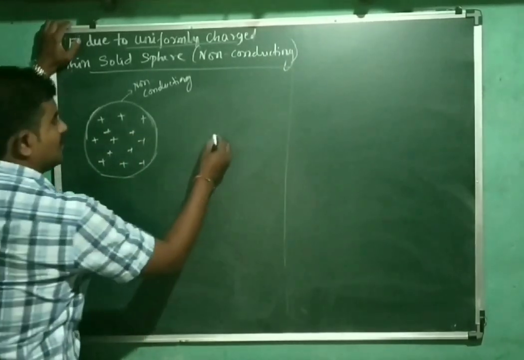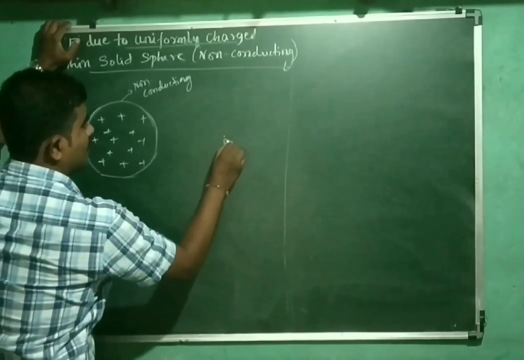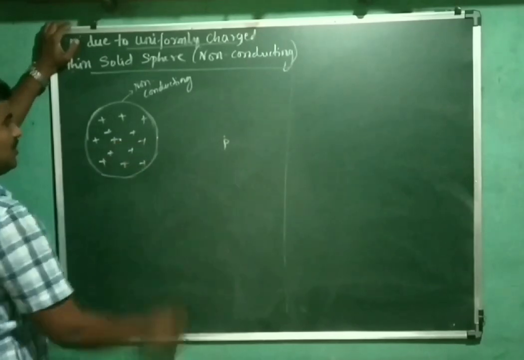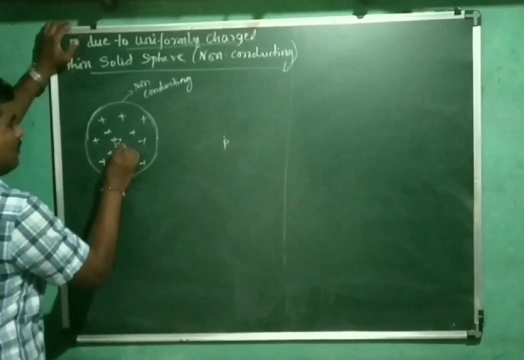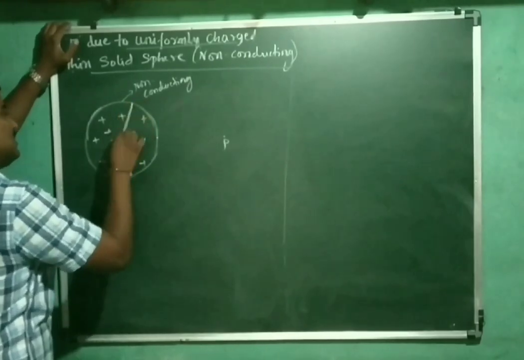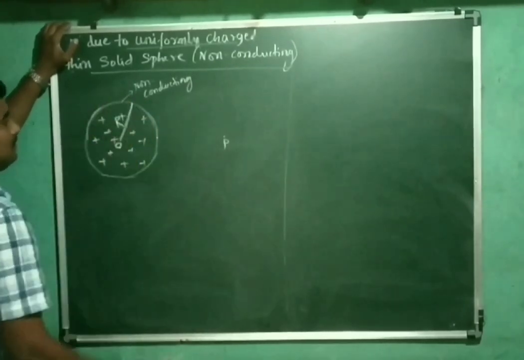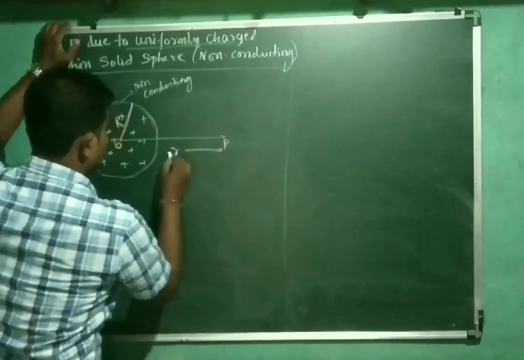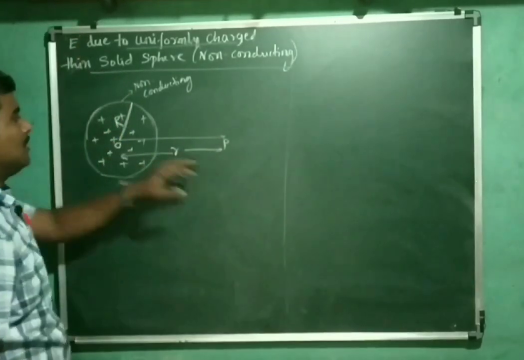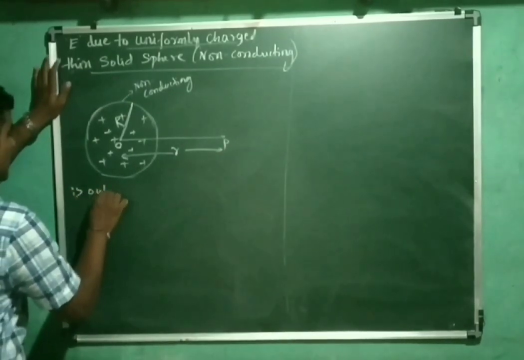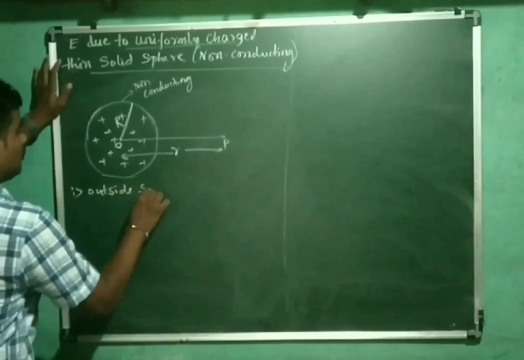So once again we shall consider point P outside the shell, on the surface of the shell and within the shell. So this is center O, and this solid sphere has radius R. And let us consider one point P outside the sphere. So at this point, that is first case, outside the solid shell.